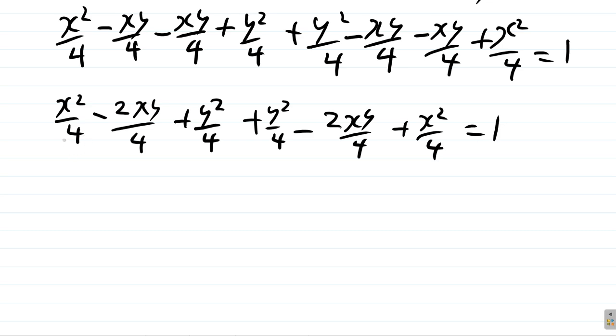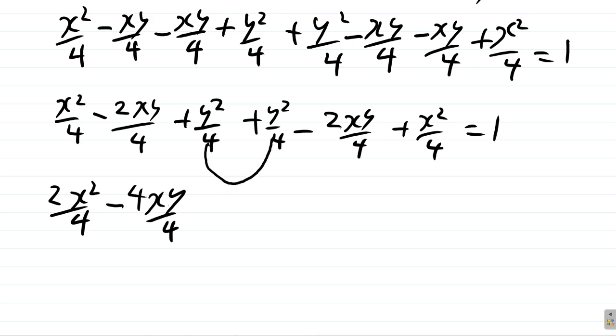Let's see something now. We have an x squared over 4 plus x squared over 4. This gives us 2x squared over 4. Negative 2xy over 4 minus 2xy over 4 gives us a negative 4xy over 4. And we have y squared over 4 plus y squared over 4, 2y squared over 4 equals 1.